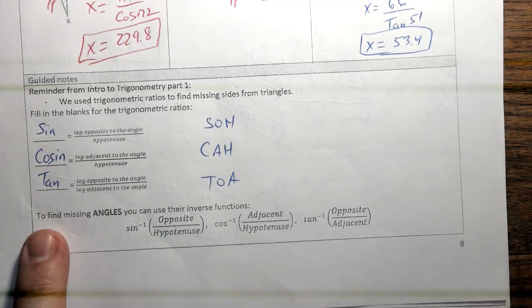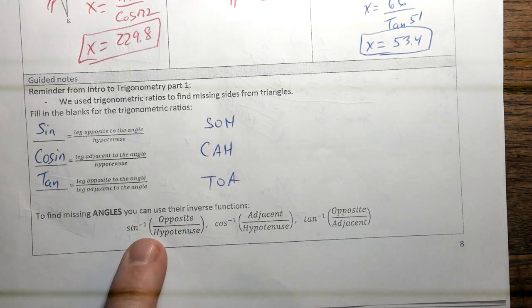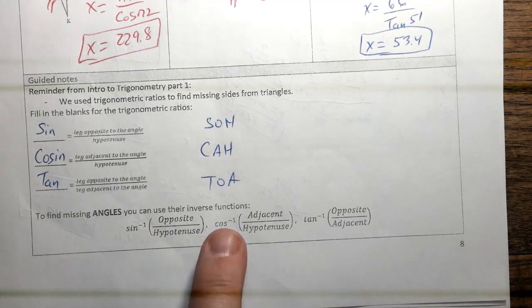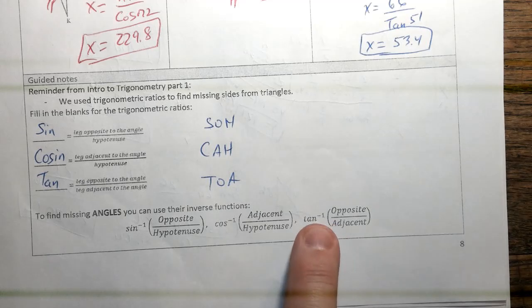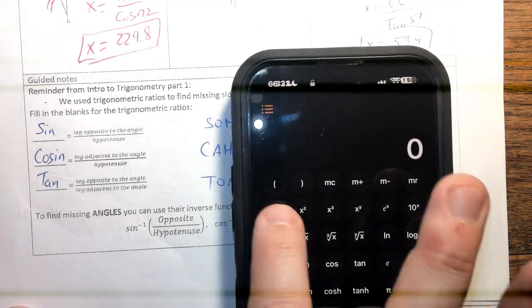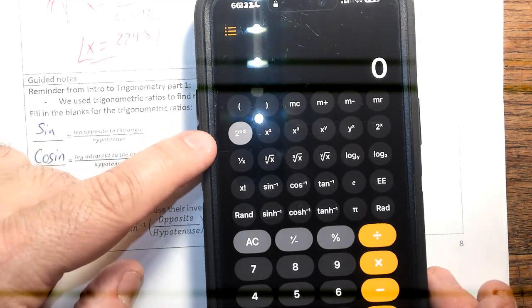So to find missing angles, we're going to use the inverse functions. So sine with this -1 exponent is basically inverse sine, inverse cosine, inverse tan. You're like, well, where's that at? Well, notice the second button is gray.